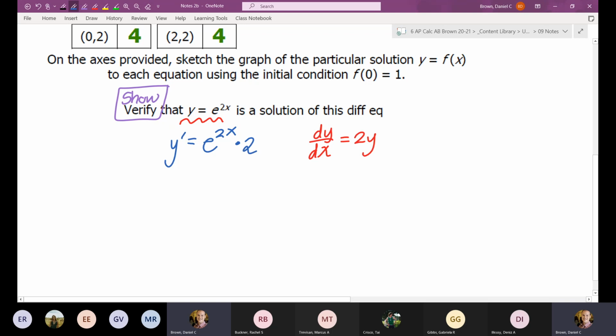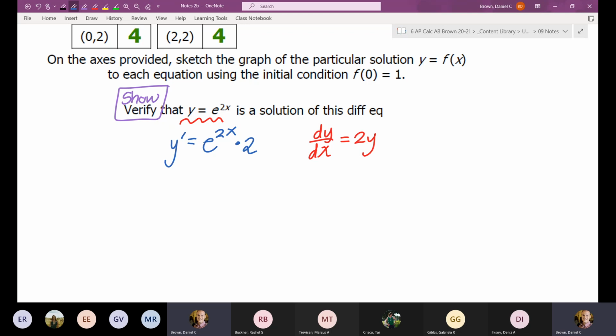We know y prime and dy dx are exactly the same thing. What this question is asking is we want to verify that what I have in blue is exactly the same thing that I have in red. When it says show, again, we know what the answer is. They are equal. We just need to clearly show how we know they're the same.